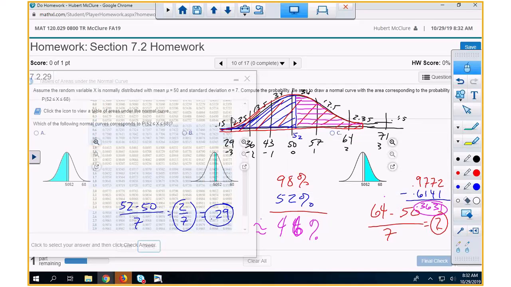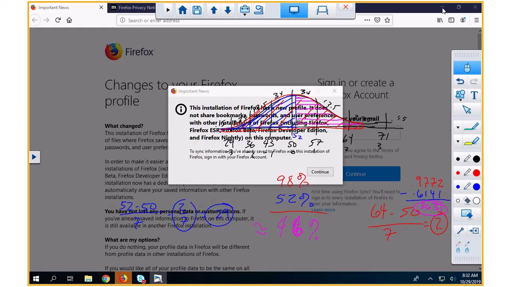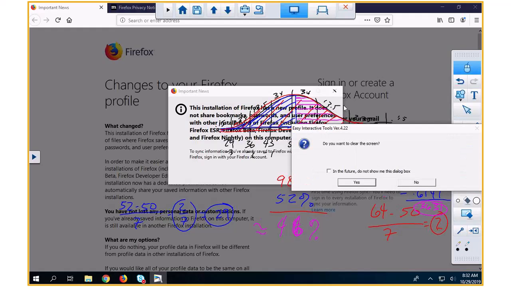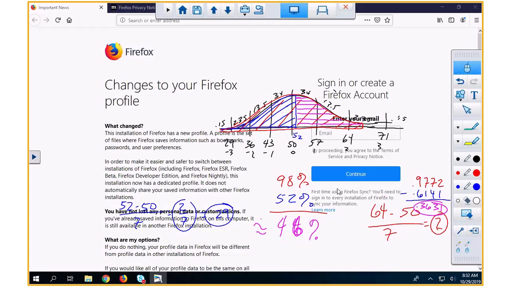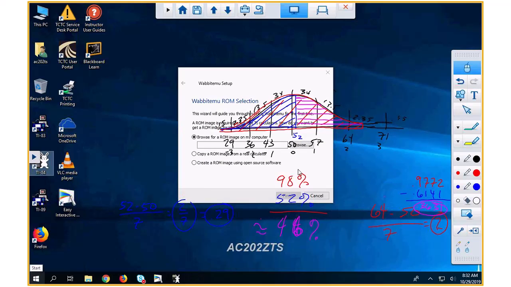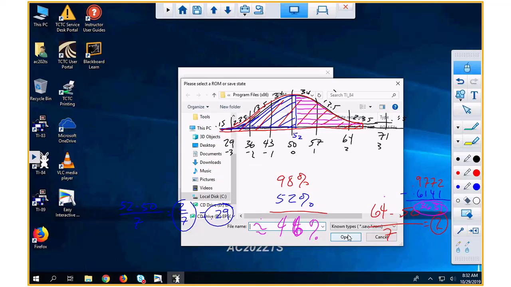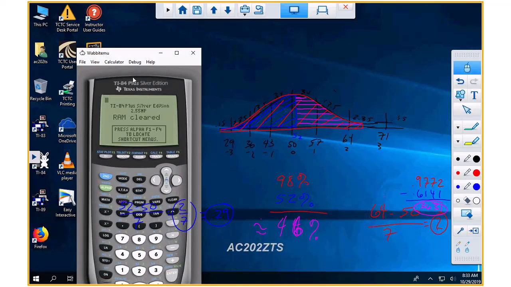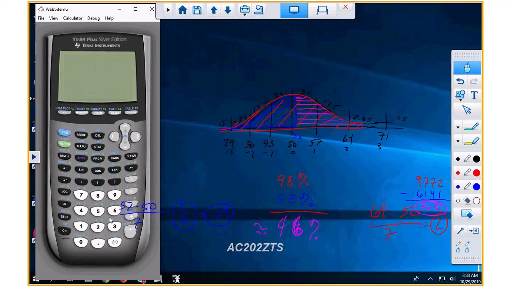So pull up normal CDF. Second VARS, and normal CDF.